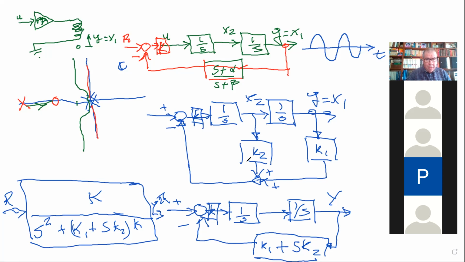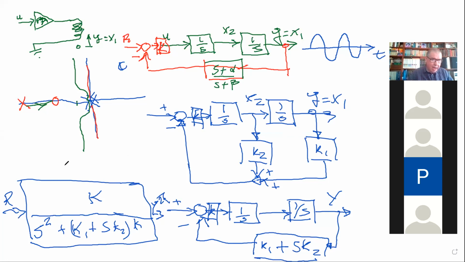By changing the K1 and K2 values, we can eliminate, for example, the real part of the poles because they're going to be complex conjugates. I mean, you don't want to eliminate the real part. You want to actually create a real part so that you attract the poles to the left. But yes, by changing K1 and K2, we can have the stability that we want.